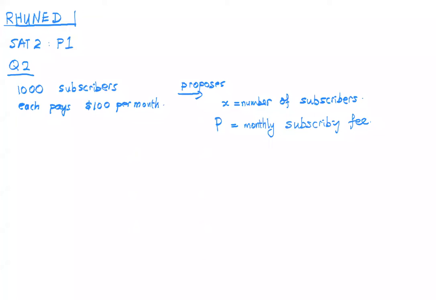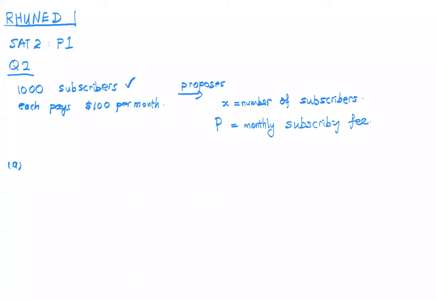The number of subscribers will drop. So for part A of the question, if the number of subscribers is X, state the possible value of X. At first it is 1,000, correct? Now, if you increase the subscribing fee, the number will drop.